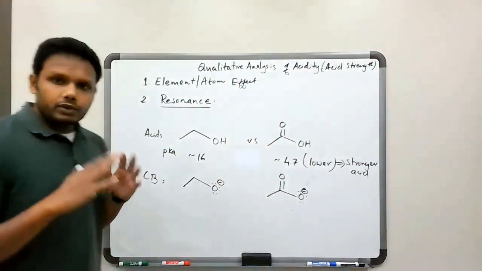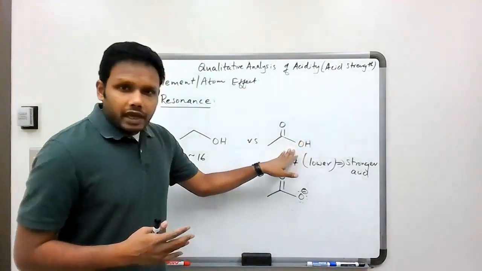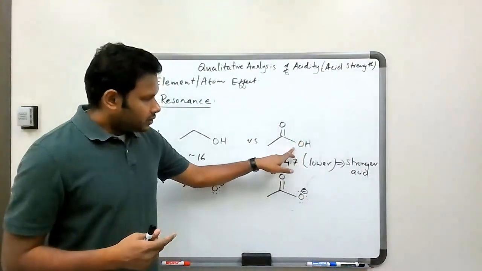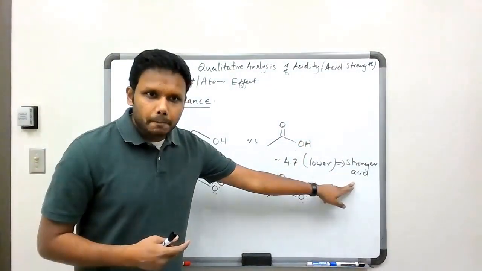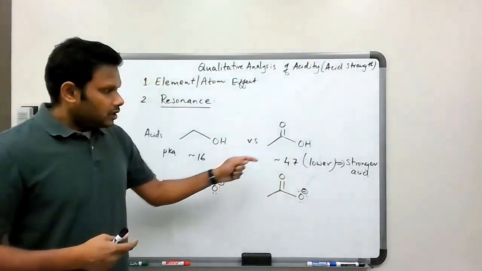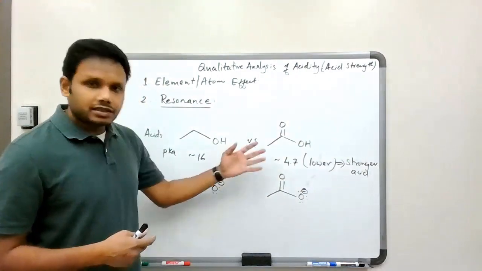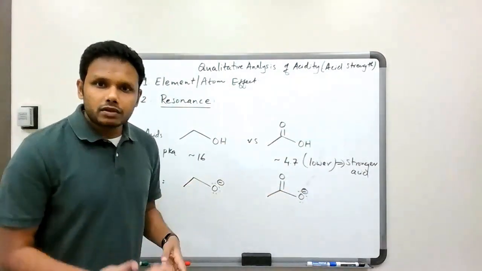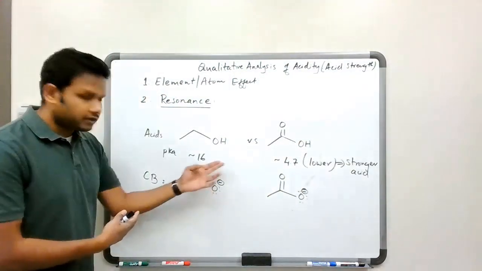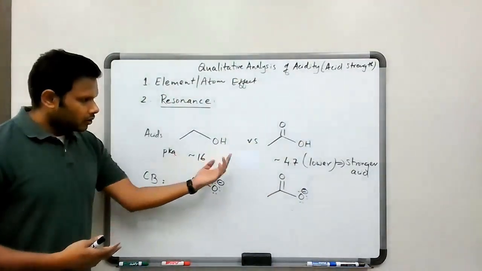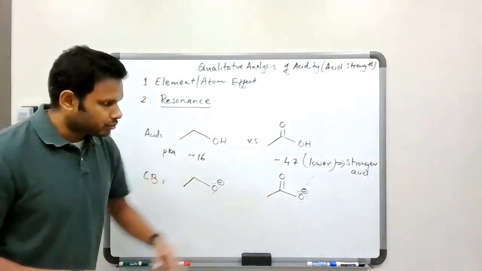Now, to set the stage and reiterate, this molecule here, which is a carboxylic acid, is a stronger acid, and the fact that it is a stronger acid should mean that its conjugate base is more stable compared to the conjugate base of the acid that we're comparing it to. This has to be more stable.